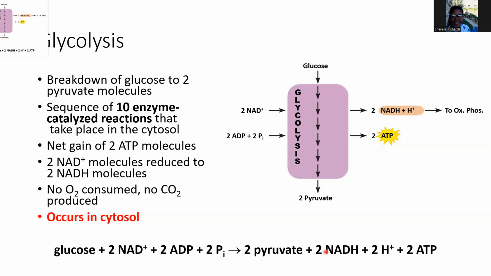And what we get on the other end are 2 pyruvate. So this is our most important yield from glycolysis, 2 pyruvate. We're going to yield 2 NADH and the 2 electrons. So we reduced NAD+ to harvest those 2 electrons to go somewhere else. And then we're going to yield the 2 ATP.